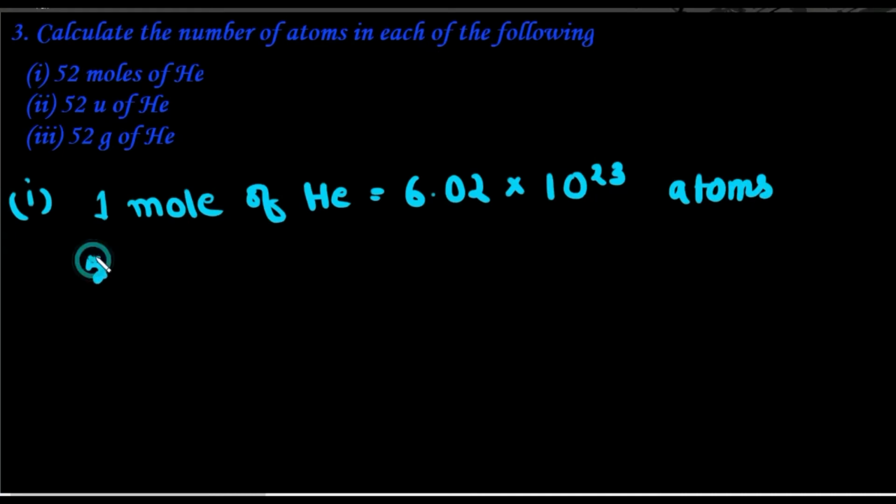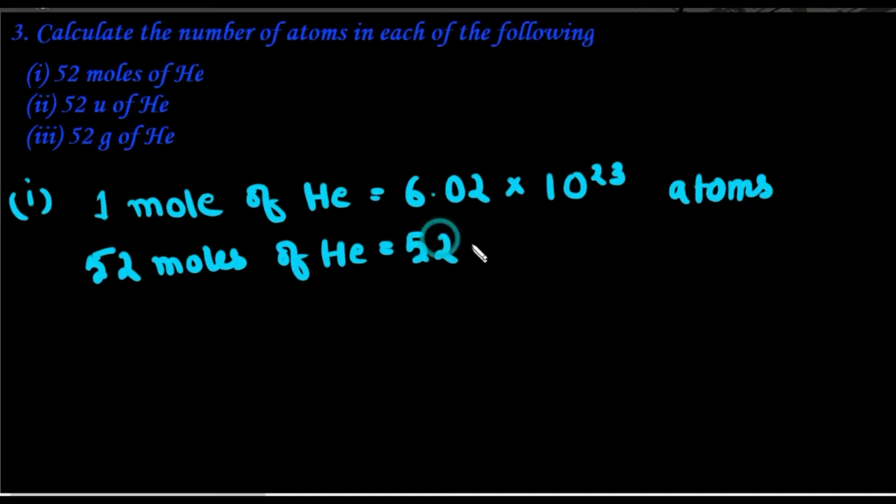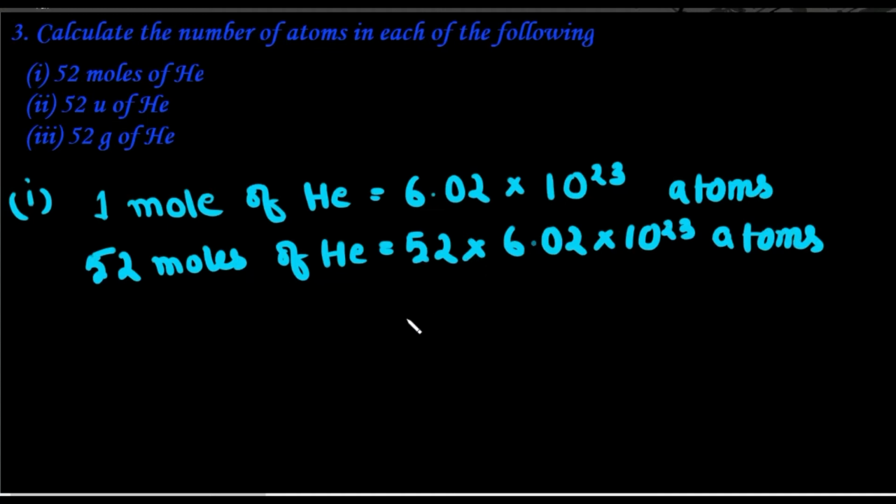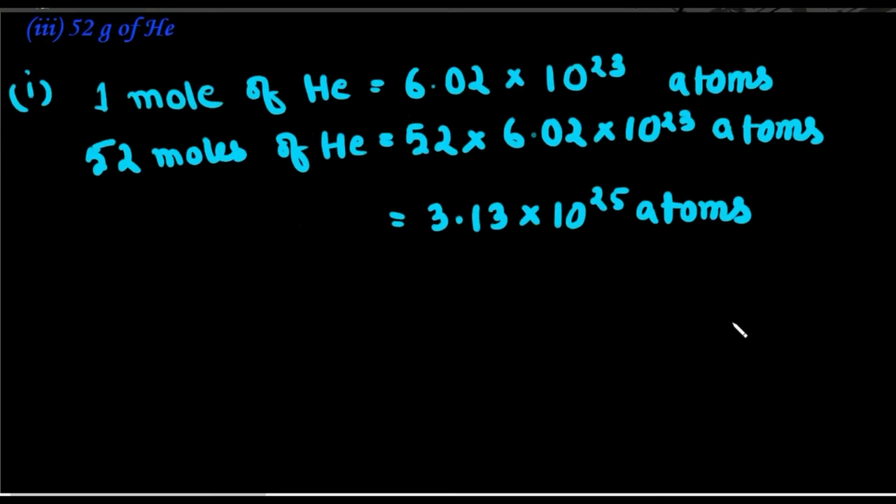Therefore, 52 moles of helium will be equal to 52 into 6.02 into 10 to the power 23 atoms, which is equal to 3.13 into 10 to the power 25 atoms. So this is the first case. Next, number 2, 52 unit of helium.